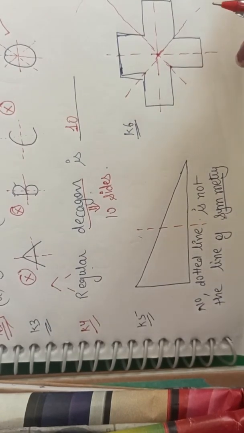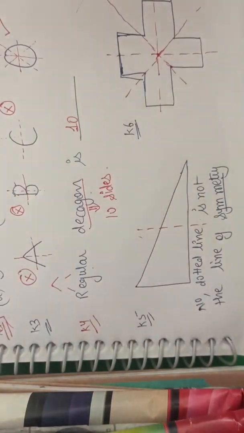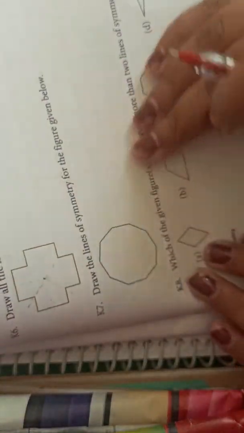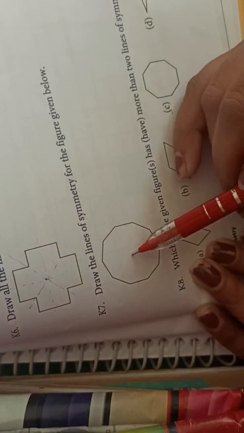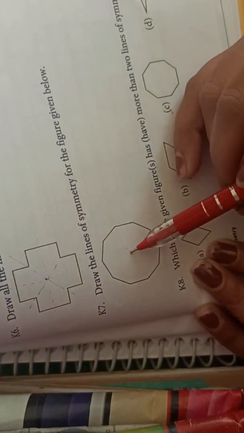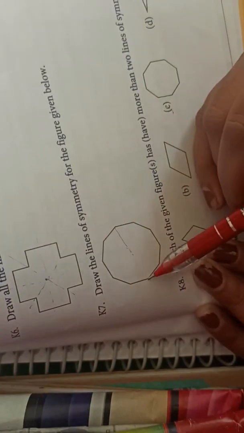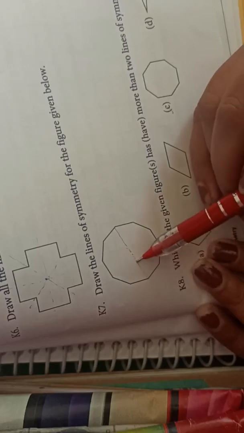After that, one more shape, K7. That is like this. In this shape, the question is, draw the lines of symmetry for the given figure below. So in this, mark one center, and like this. This is the line of symmetry which joins this.